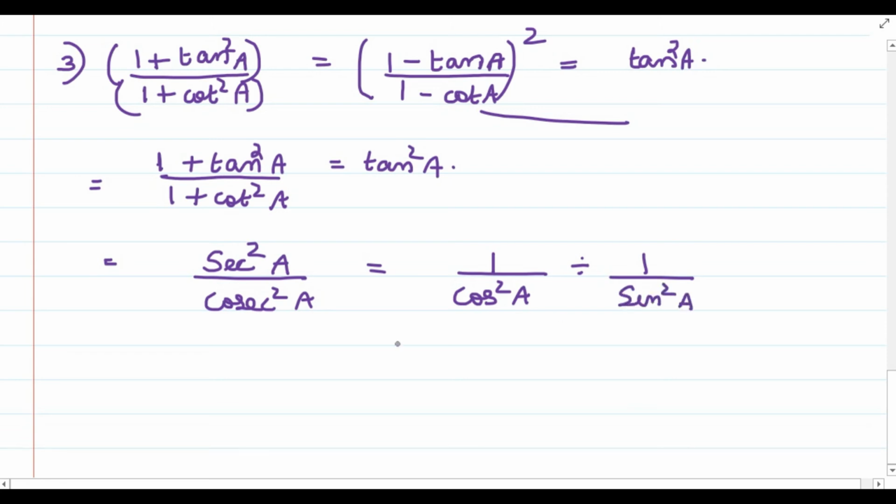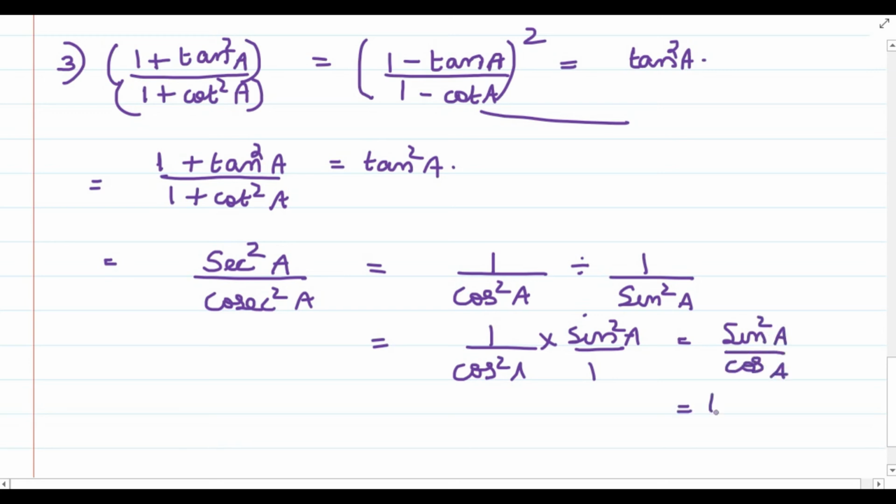So this I can write 1 by cos square A into sine square A divided by 1. So sine square A divided by cos square A is nothing but tan square A. So first part we proved. Now we'll prove the second part.